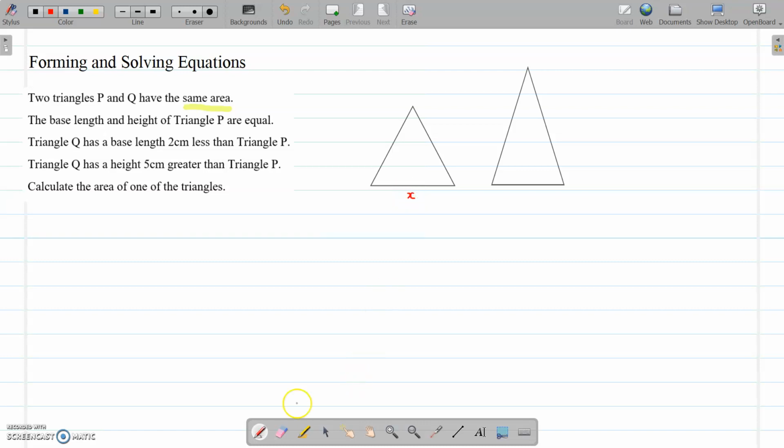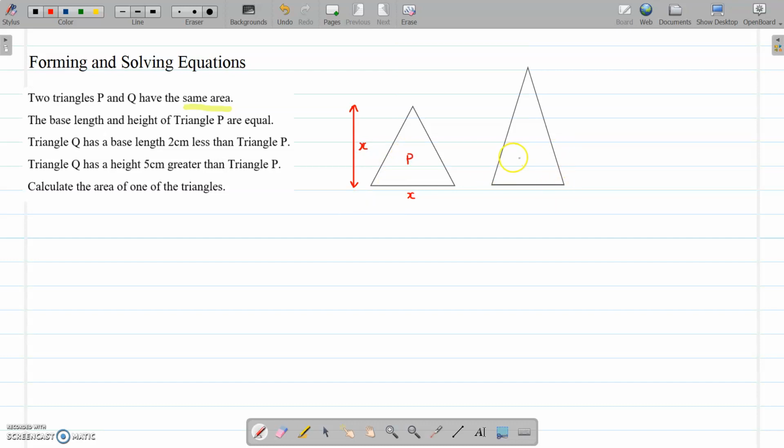And therefore I'm going to call the height of the same triangle x as well, because we know from the information given that the height of this triangle is the same as its base. So that's got a height of x as well. And it's very important that you make it clear that you mean the vertical height, not the sloping height. So this is triangle P here.